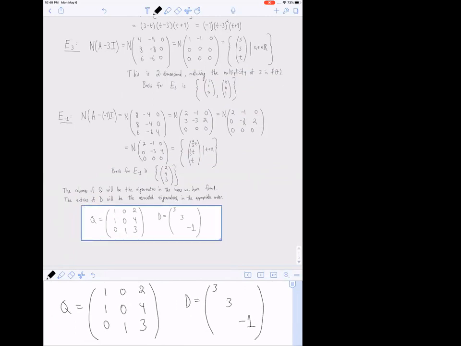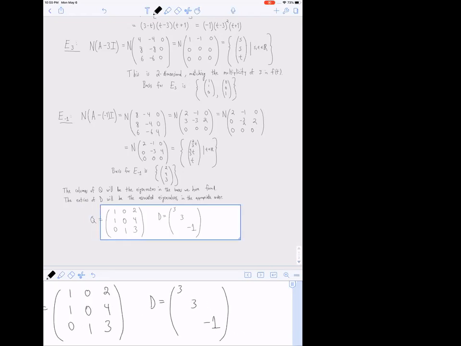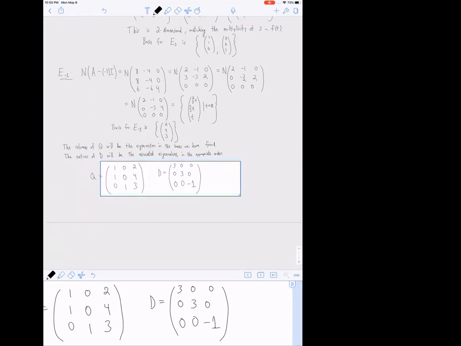And if we had chosen to write Q with those columns in a different order, we would just have to write D in the appropriate order so that the first diagonal entry matched the eigenvalue of the first column of Q, and so on and so forth. Let's go ahead and fill this diagonal matrix out with zeros, since it should have only non-zero entries on the diagonals.